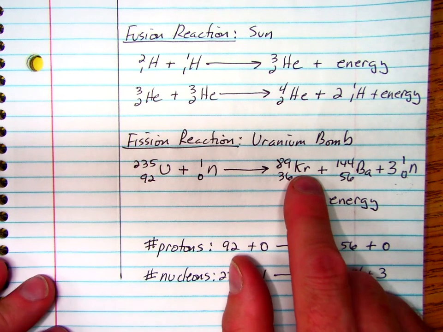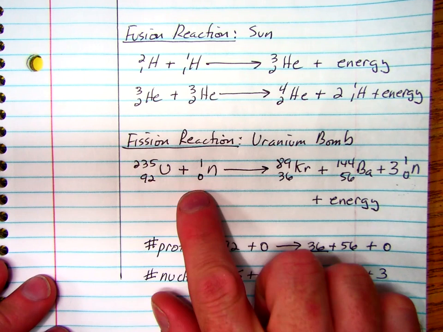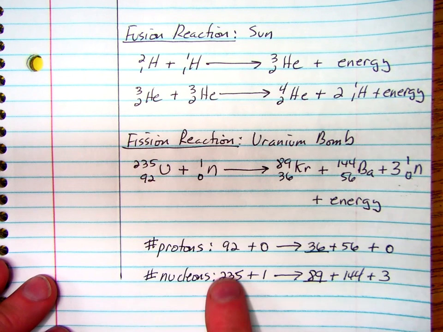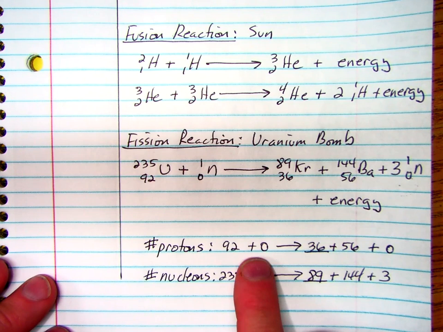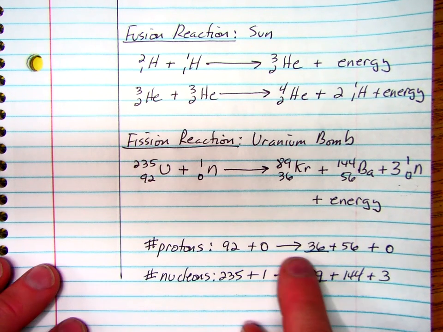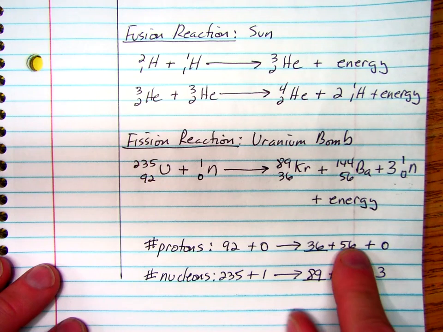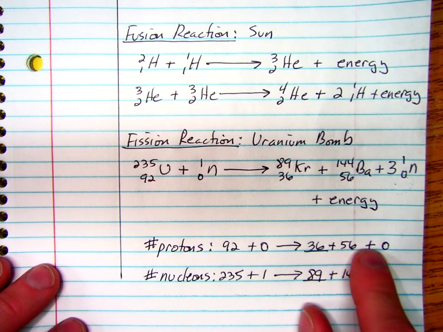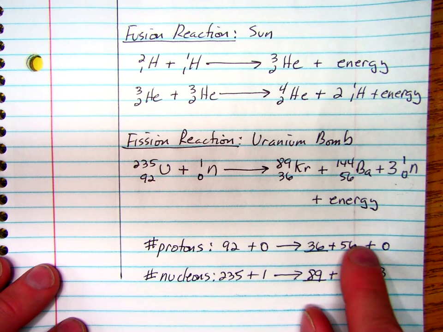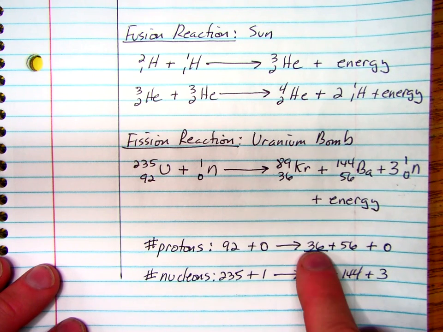First of all, the protons, or the atomic numbers, have to balance on the right and left side. So we have 92 plus 0 equals 92. And if I only know the 56 and I don't know the 36 from krypton, I know 56 plus 0 is 56. And 92 minus 56 is 36.